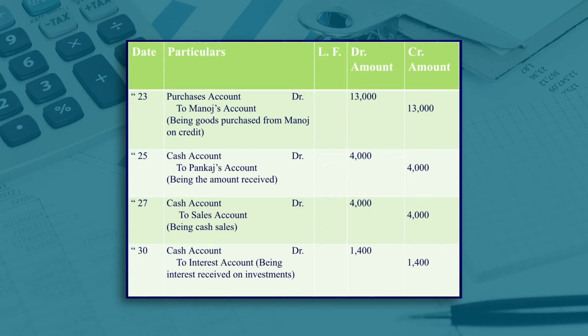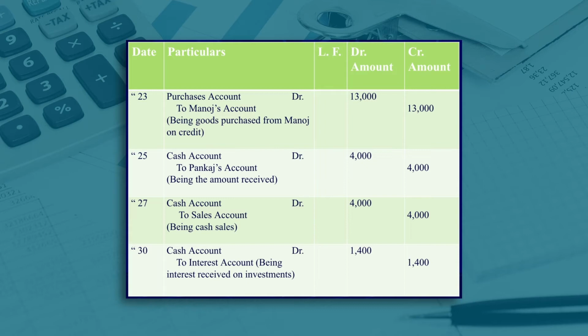Manoj, because Manoj is a natural person and the account of Mr. Manoj comes under personal account, and as per the rule of the personal account, debit the receiver and credit the giver. So Mr. Manoj is the giver, therefore we credited his account, and purchases being an expense for the business, as per the rationale of the nominal account, we debited the purchases account.